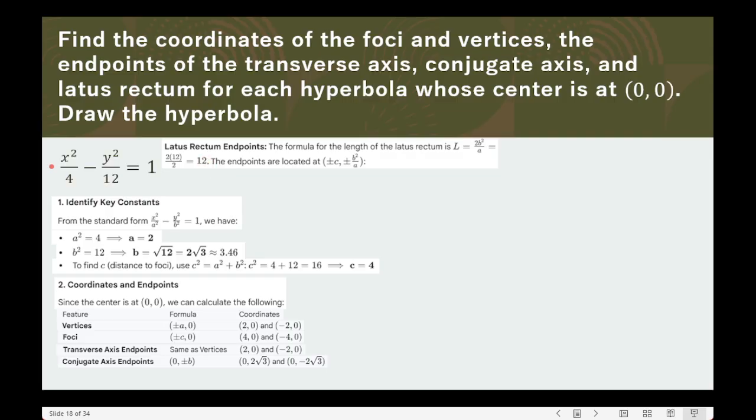The endpoints are located at the coordinates positive or negative c, then positive or negative b squared over a, which is the length of the semi-latus rectum. So we have four pairs of coordinates: 4, 6, 4, negative 6, negative 4, 6, and negative 4, negative 6.